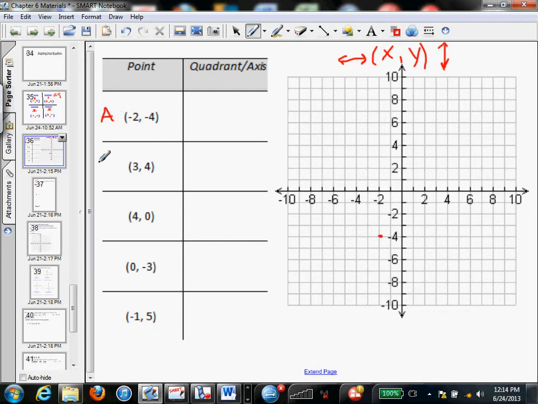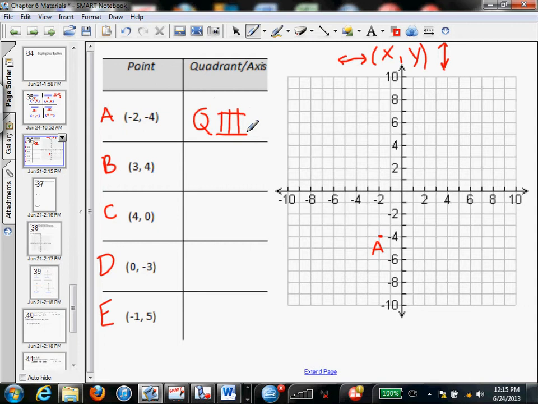Let's actually label these A, B, C, D, and E. Okay, so this point right here is A. And what quadrant is that located in? If you look, that's going to be quadrant 3. So I'm going to write a Q and 3 in Roman numeral form.